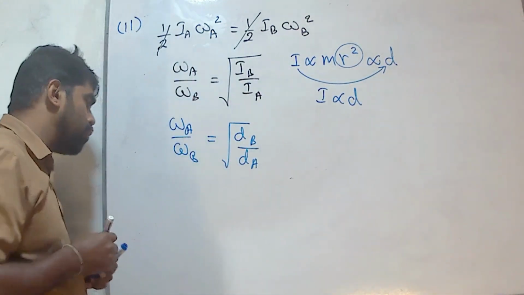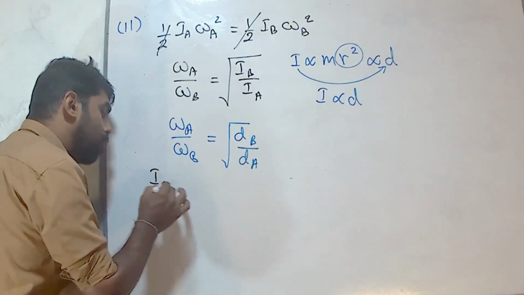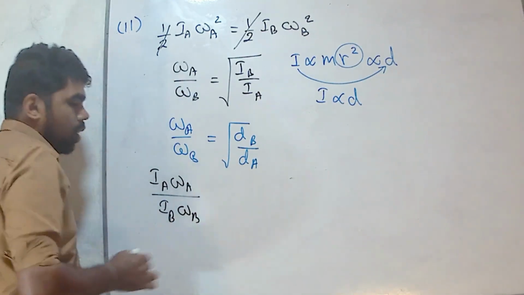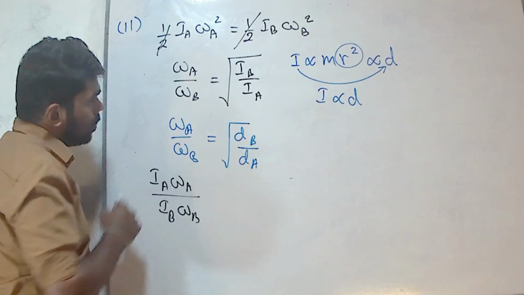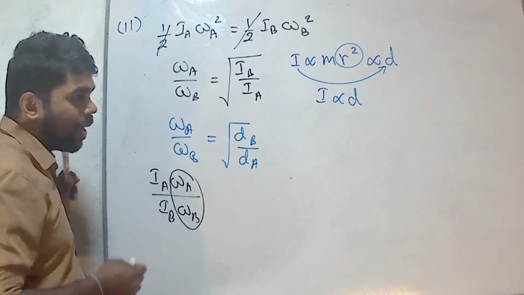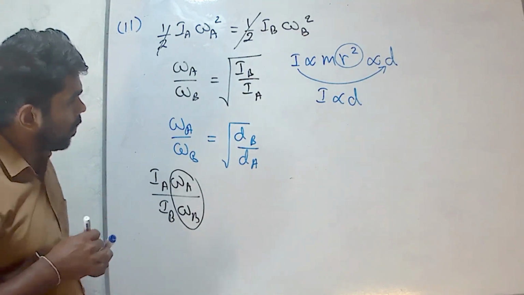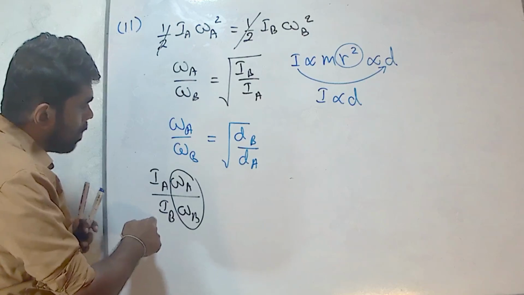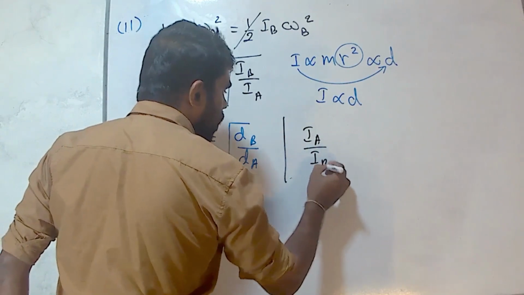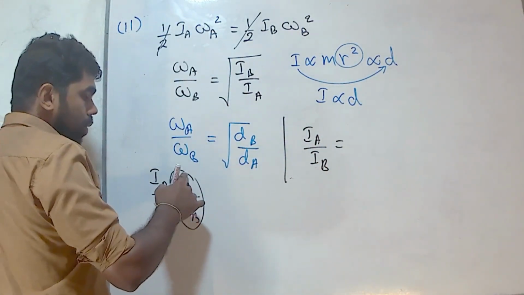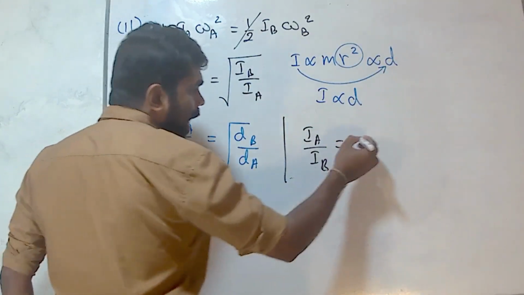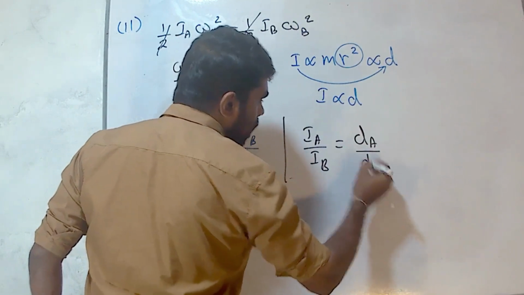Now we have to get the ratio IA omega A divided by IB omega B. We have obtained the omega A divided by omega B ratio, this part. We have to get IA divided by IB. Since moment of inertia is directly proportional to density, IA divided by IB equals dA divided by dB.